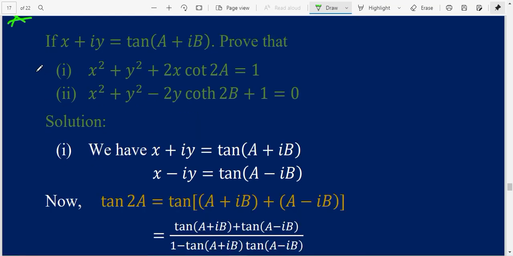Solution: first, we have x plus iota y is equal to tan (a plus ib), and x minus iota y is equal to tan (a minus ib).